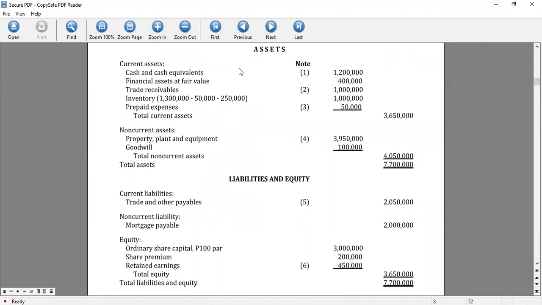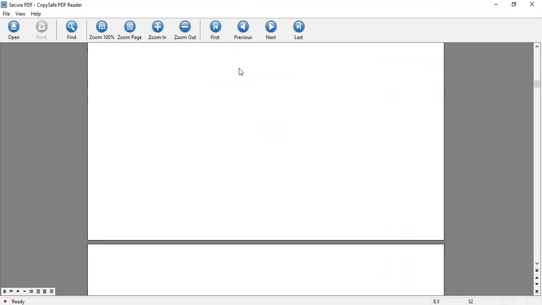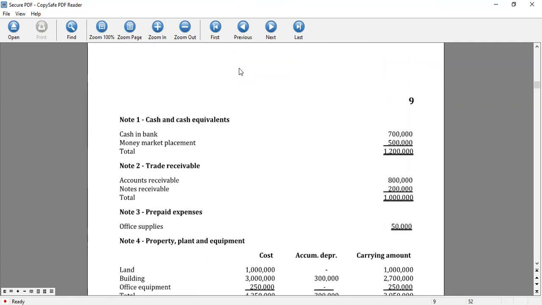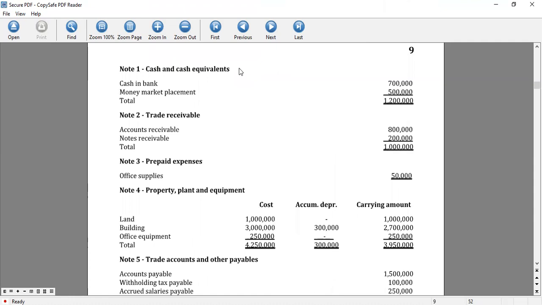The property, plant, and equipment, 3,950,000, and we have now the breakdown in note number 4. So we have now the matrix for property, plant, and equipment. Land at cost of 1 million. It's the cost of the land.